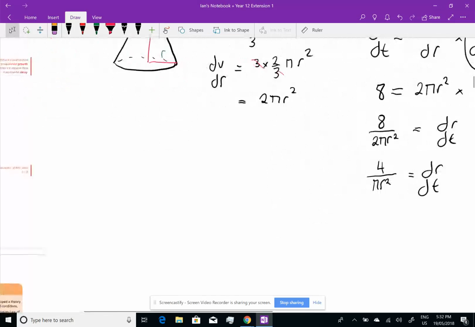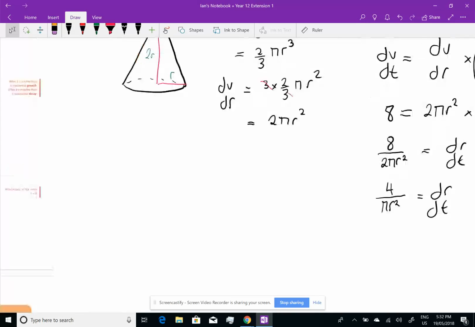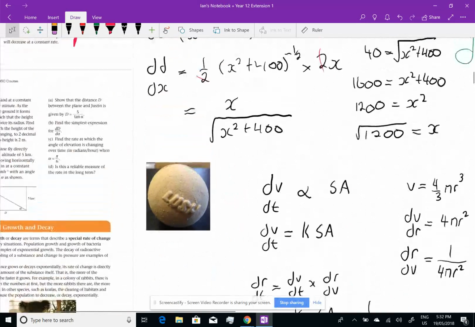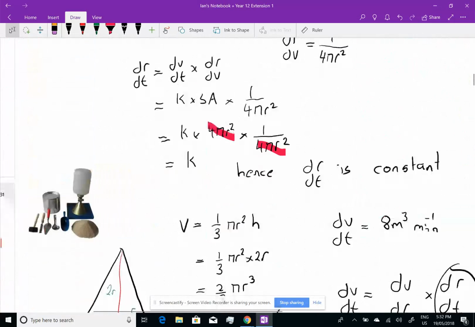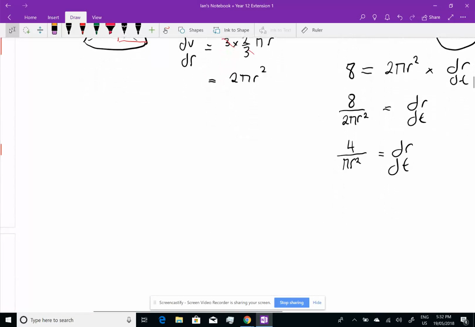Now, when was it 2? Find the rate at which the height of sand will be changing when its height is 2. Okay. When the height is 2, well, r equals 1 because the height is twice the radius.